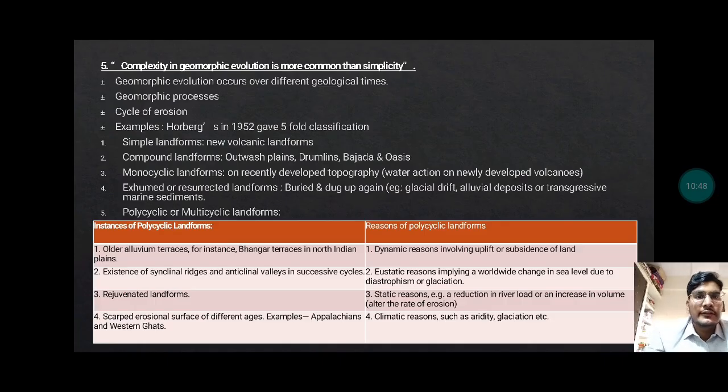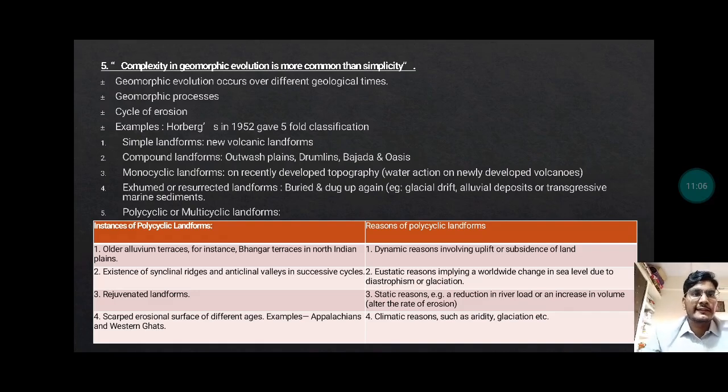So it shows that if there is the impact of different kinds of processes, whether cycles of erosion or geomorphic processes, then polycyclic landforms can emerge. So is it very clear to you?